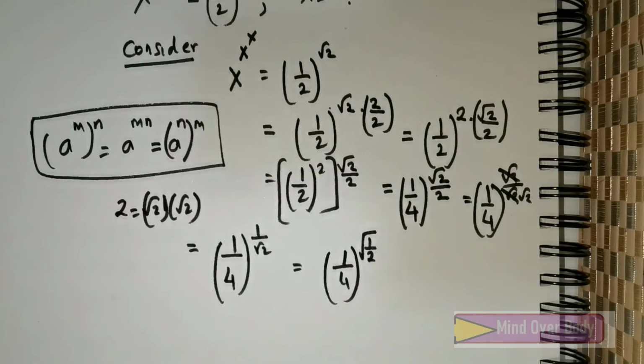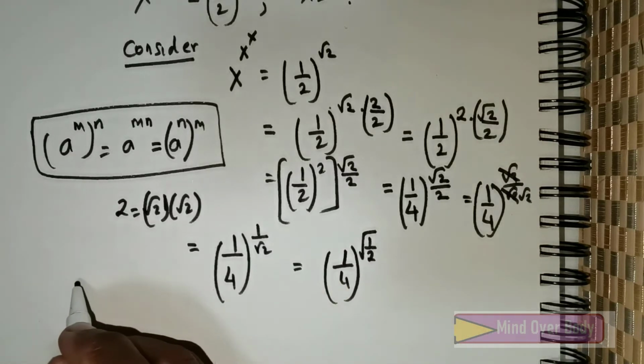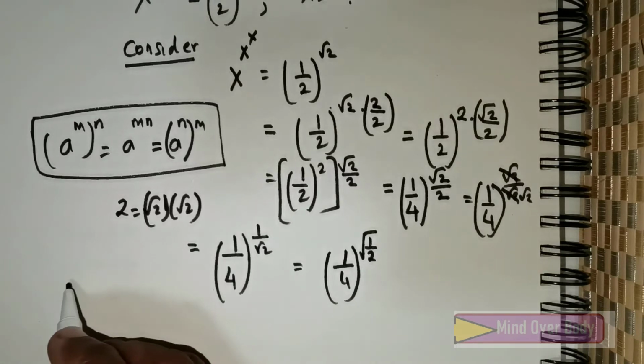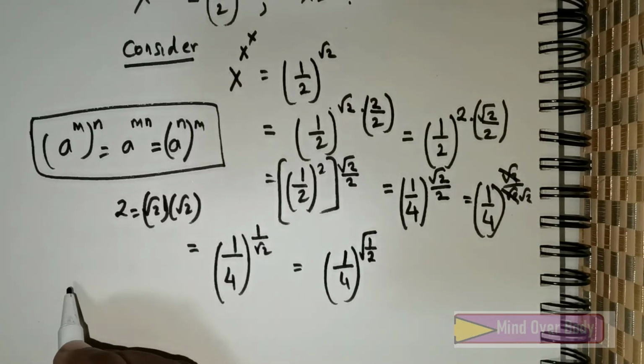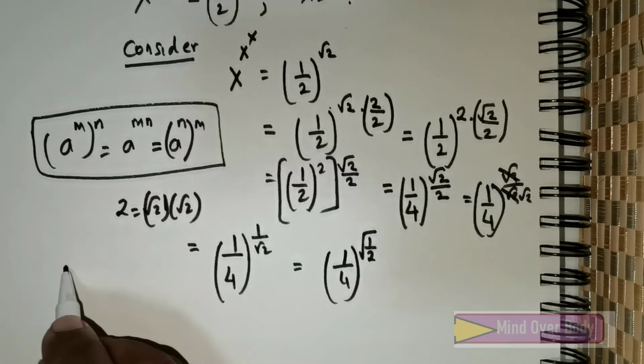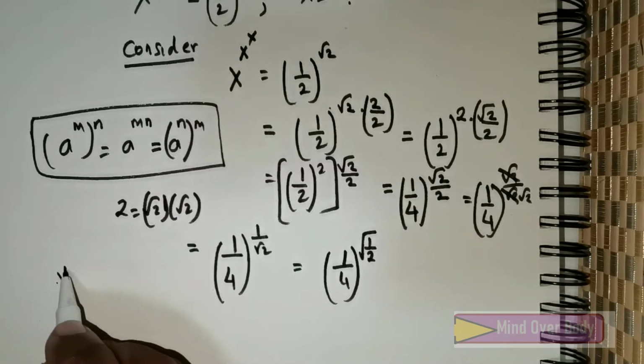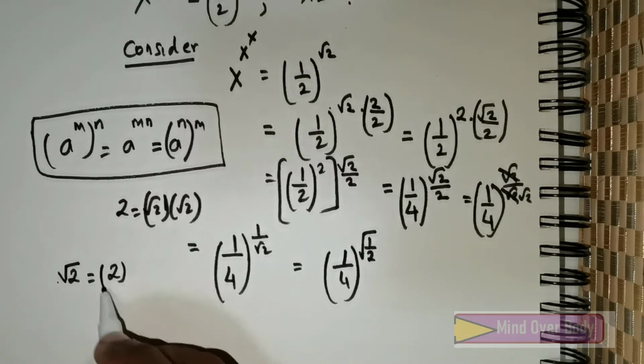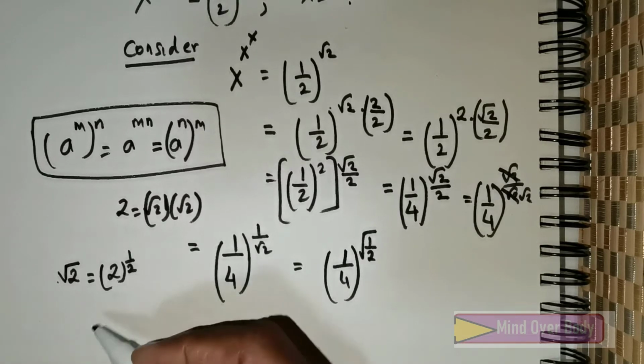Okay. Now having written like this, I am going to be doing some exponential techniques. So the best way is, say for example, you know that whenever you have something like root 2, I can rewrite this as 2 raised to the power 1 over 2.